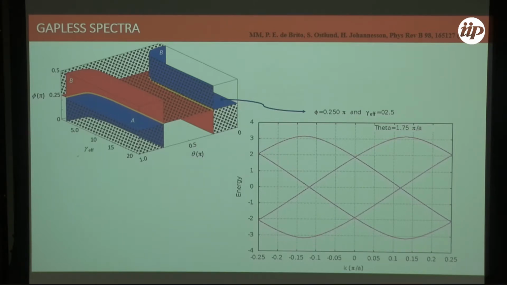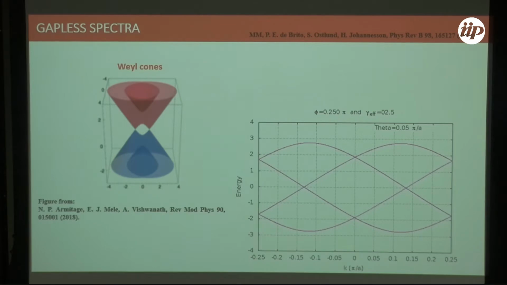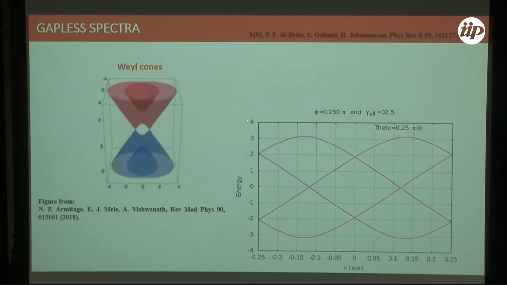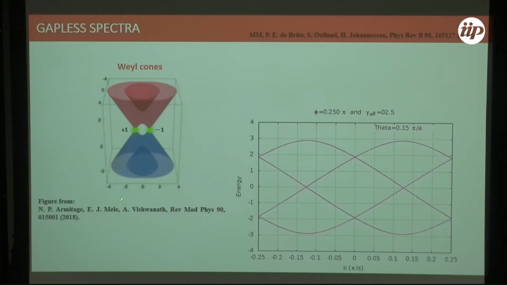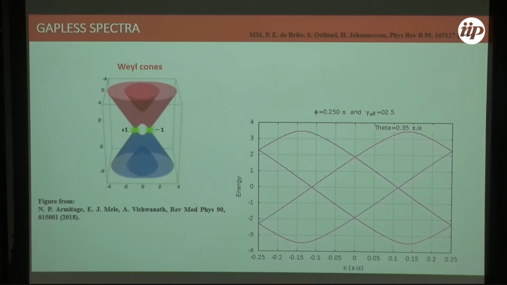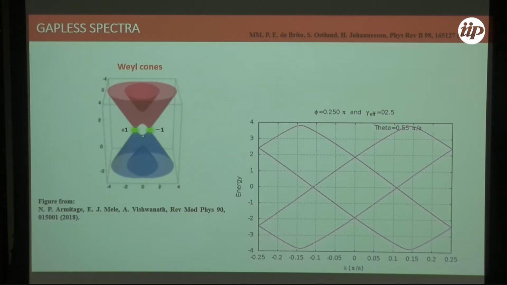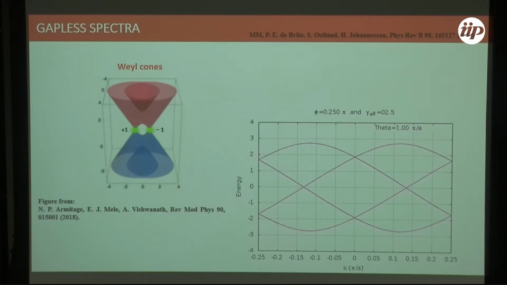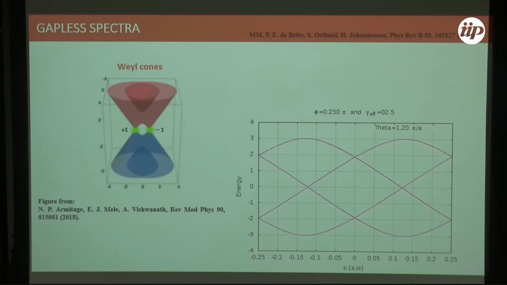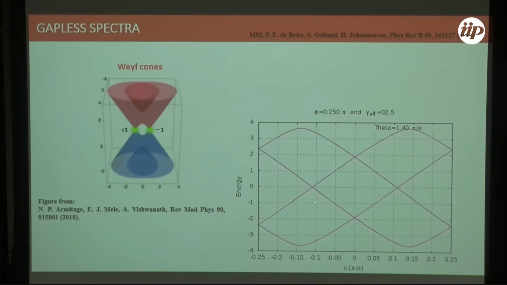And this reminds us of Weyl cones in 3-dimensional semimetals, except that for Weyl cones, the monopoles carry opposite topological charge. And we have seen before that in our case, the topological invariant attached to these nodes has equal sign.